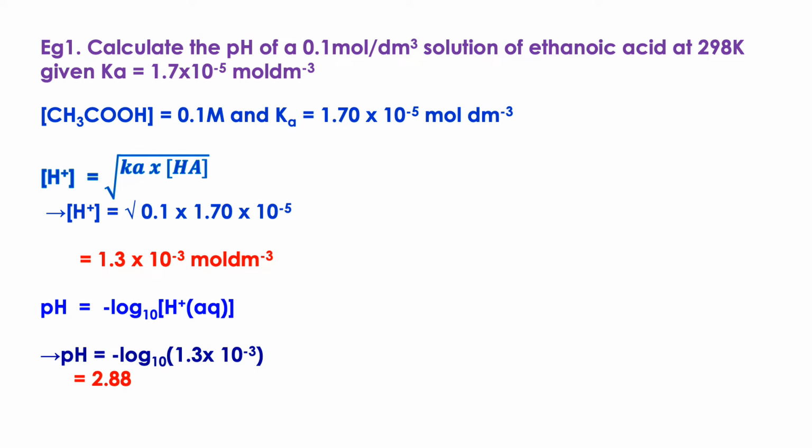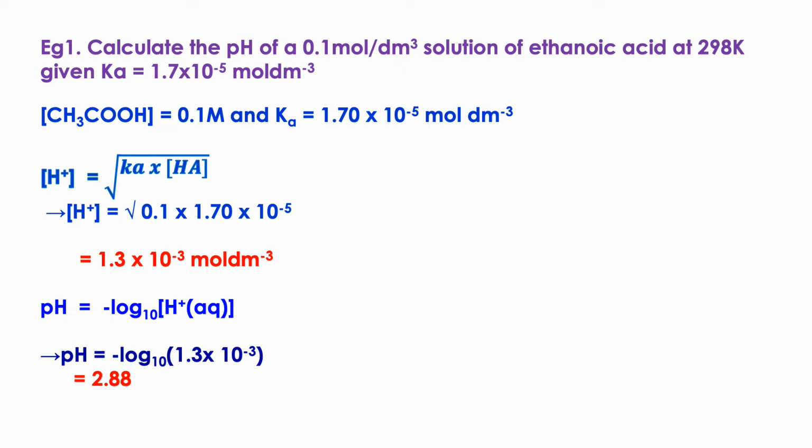Using the formula of H plus ions in a weak acid, H plus ion is equal to the square root of Ka times the concentration of the weak acid. Substituting the value of Ka and the concentration of ethanoic acid in the formula, we get H plus ion is equal to 1.3 into 10 to the power minus 3 moles per decimeter cube.